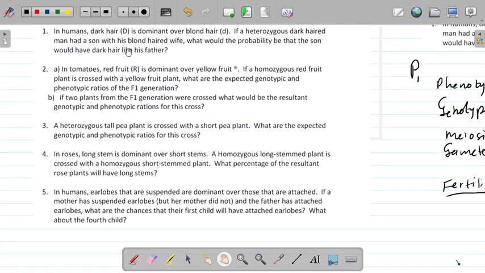Basically, these are the rest of the questions that you can use to solve these types of crosses. Please do them. Leave your questions in the comment section if you want me to solve them in the next video. But basically, this is how you do monohybrid crosses.